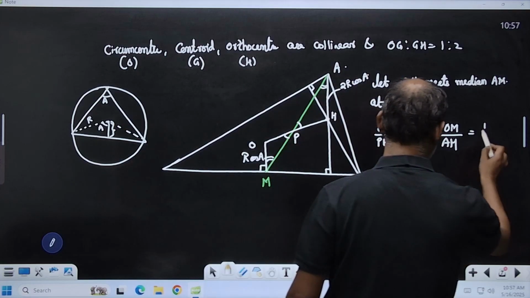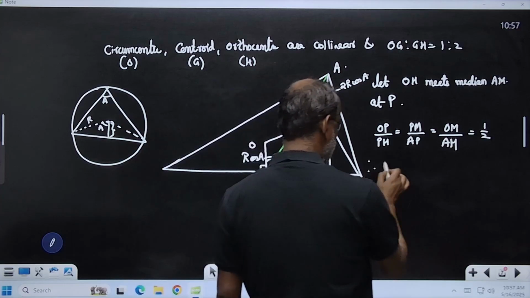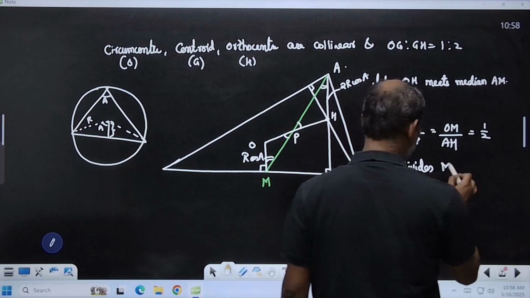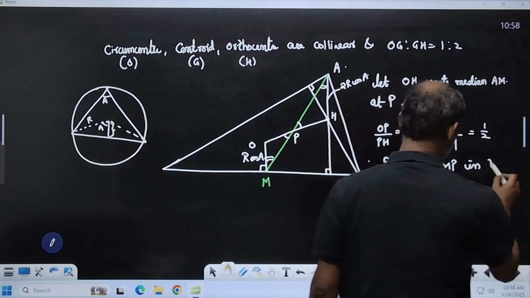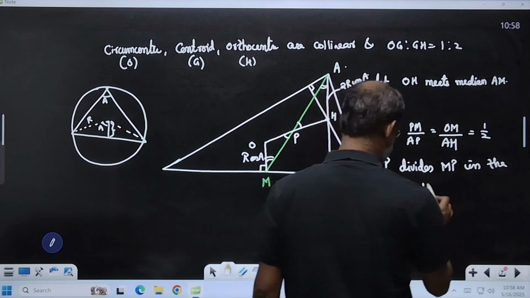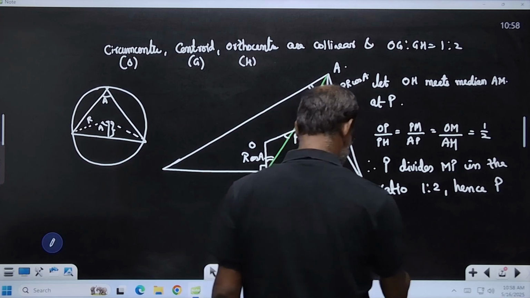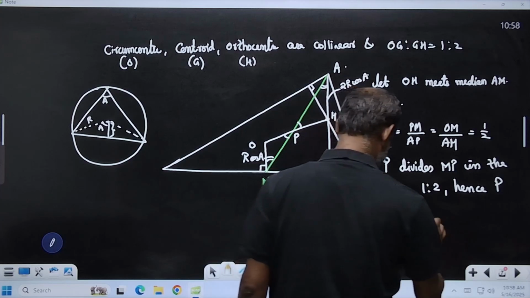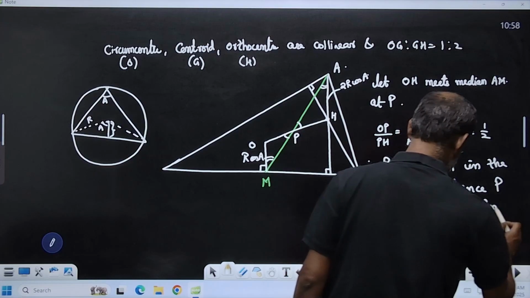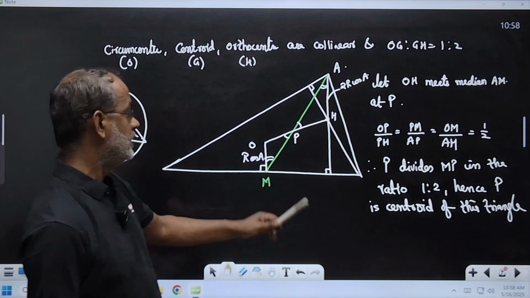So, what is OM upon AH? Half. So, P divides AM in the ratio 1:2. Hence, P is the centroid of this triangle.